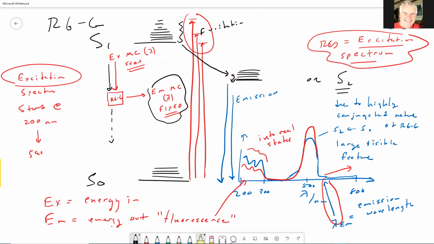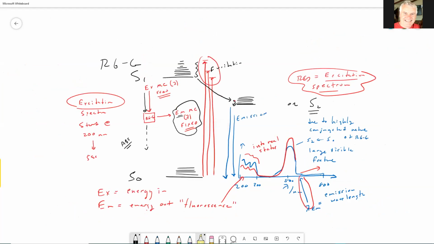So this is what we call absorption. But then for emission, or fluorescence excitation spectroscopy, actually, we're looking at a new photon at a new wavelength. And I refer to these as new photons.